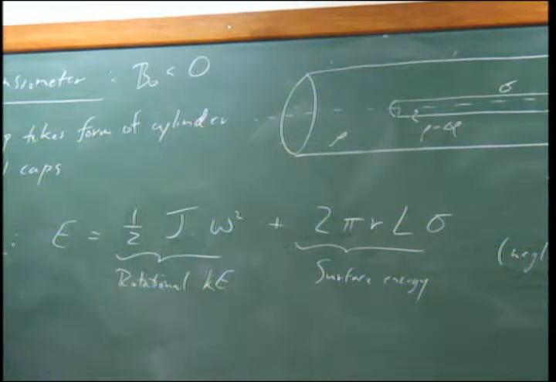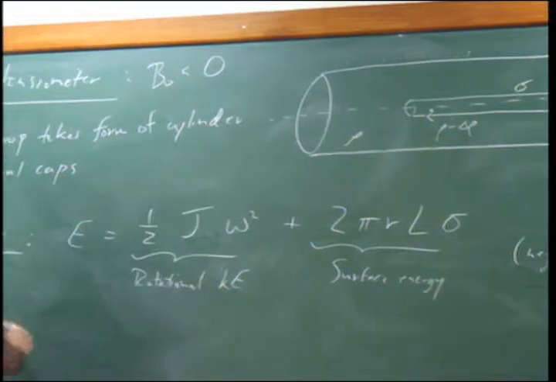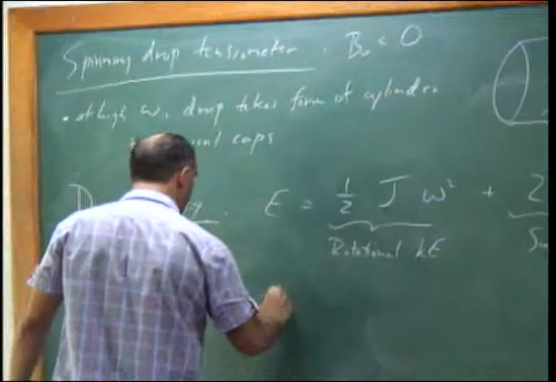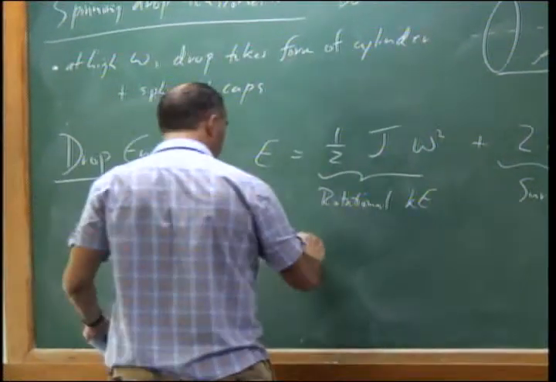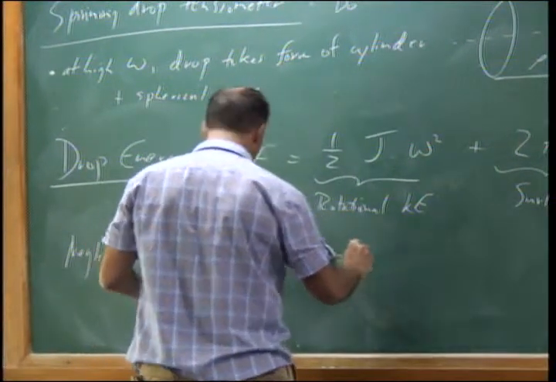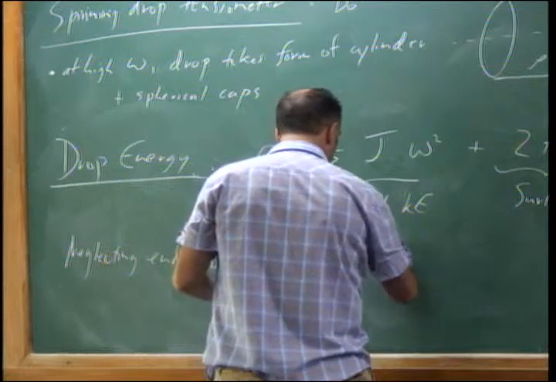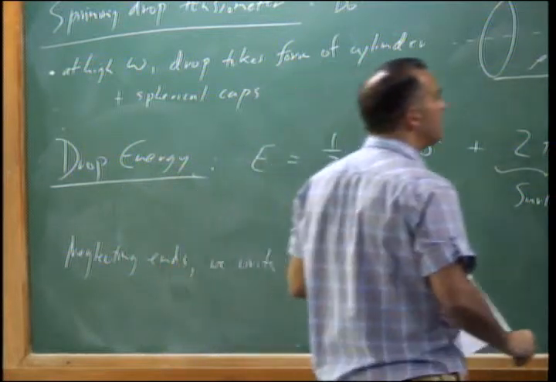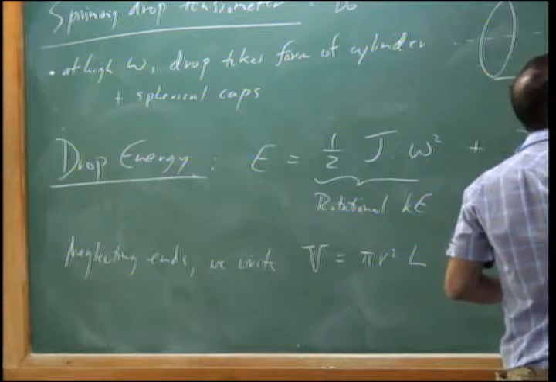Okay, so V equals pi r squared L. So L is our length, R is the radius.